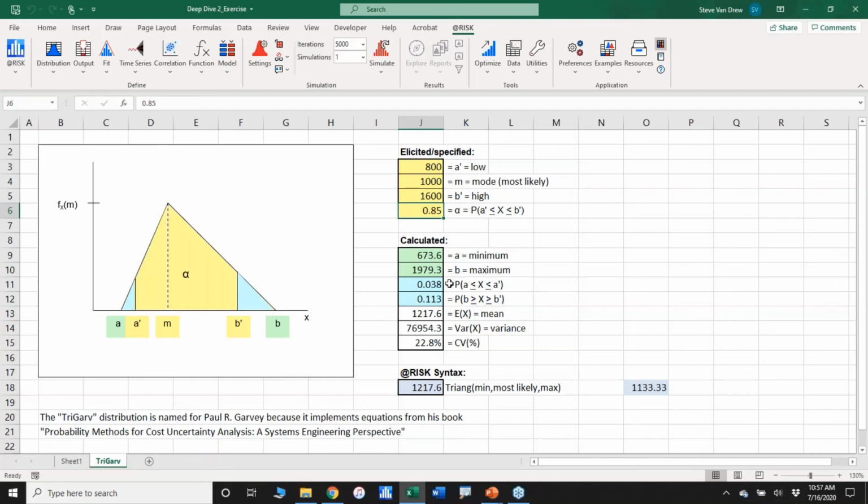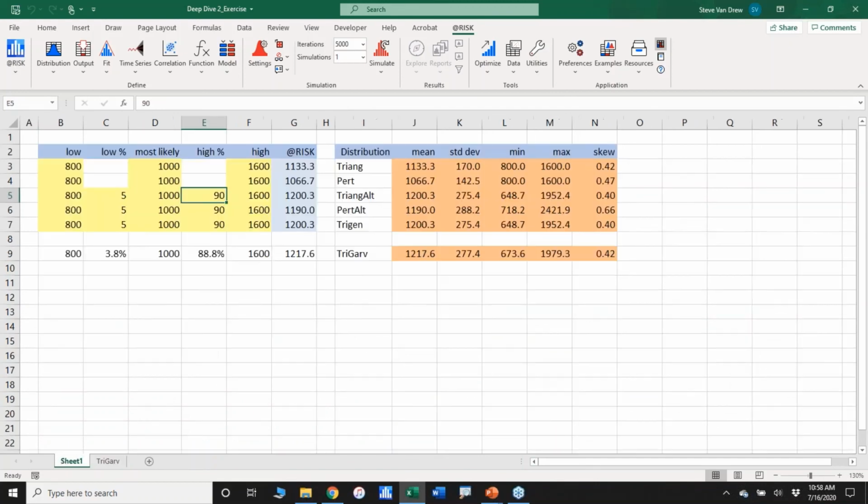There's no way in the world I would have found an expert, first of all, that could say, yeah, 800 is at the 3.8% and 1600 is at the 11.3%. They're going to give me a nice round number like we treated back here, 5 and 90. But between 800 and 1600, since I'm missing 5% there, missing 10% there, it's 15% missing.